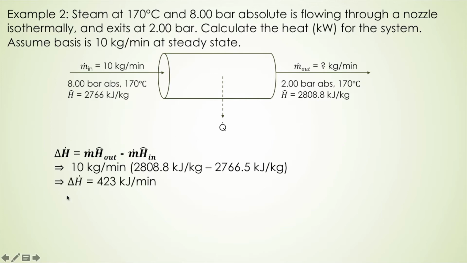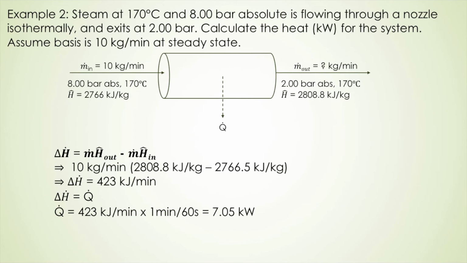Then we get change in enthalpy is 423 kJ per minute. And based on the energy equation we got previously, heat is the same value as the change in enthalpy. That is 423 kJ per minute.